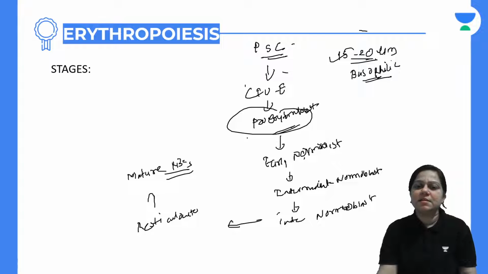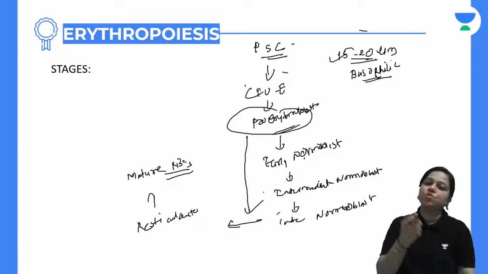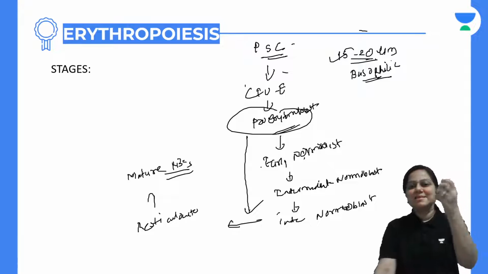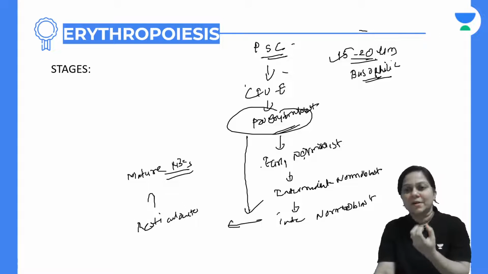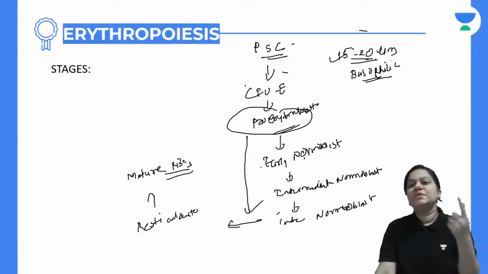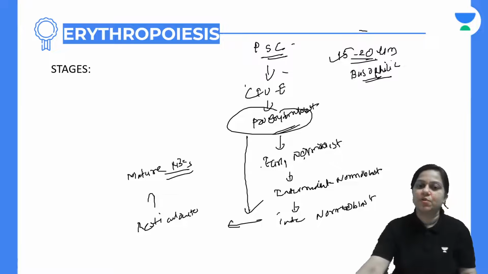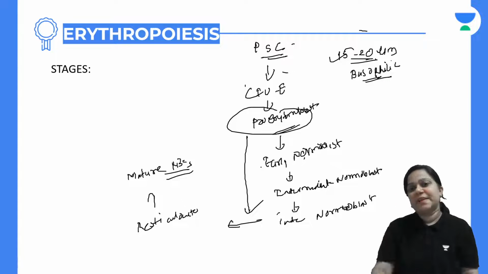As the process of formation goes on, the cell size will reduce, the nucleus will become condensed, and there will be a change in the nature of the cytoplasm. So proerythroblast is 15 to 20 micrometer in diameter and cytoplasm is basophilic.